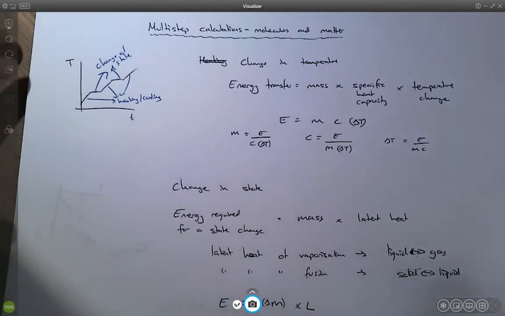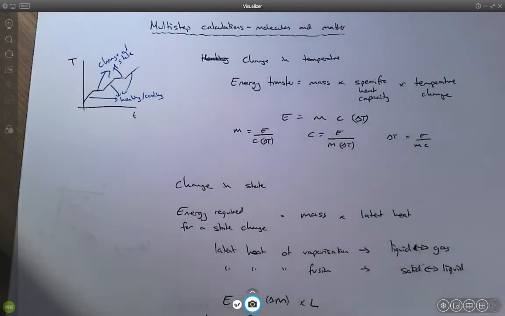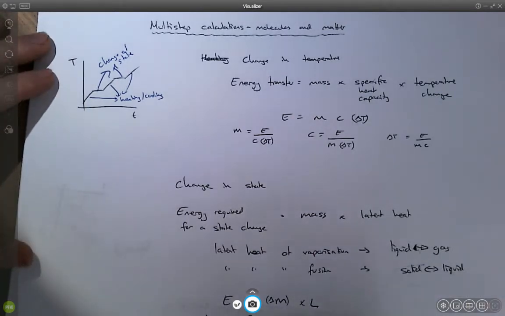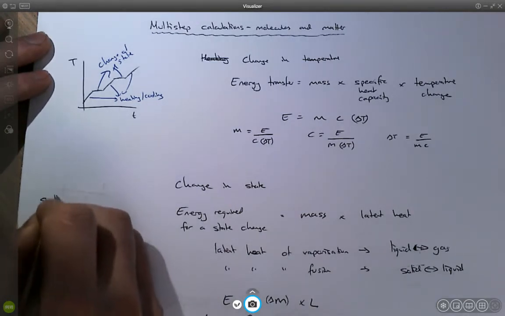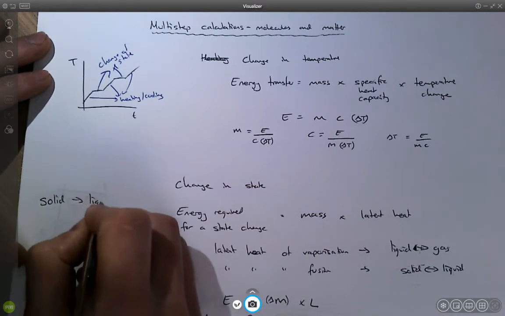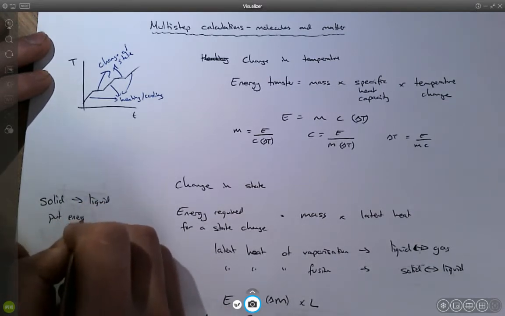So what this means is when we have a change in state, some energy is required or some energy is given out. So if, for example, we are going solid to liquid, well, we know that we have to put energy into the substance.